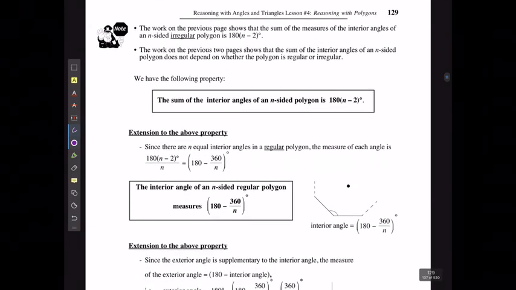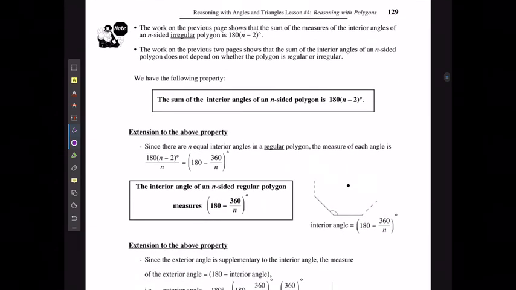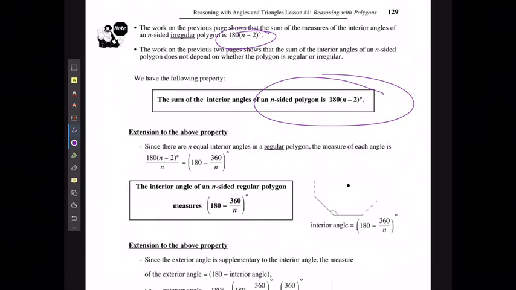The work on the previous page shows that the sum of the measures of interior angles of an n-sided irregular polygon is also 180 times (n minus 2). So no matter what it is, if I have an n-sided polygon, it's always going to be 180 times (n minus 2).